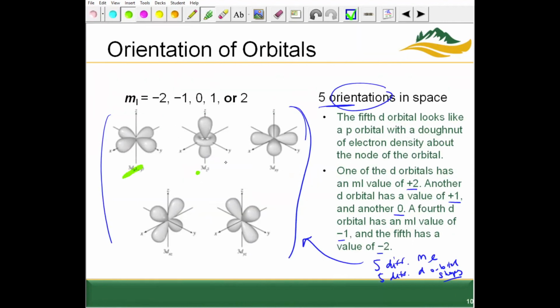Remember, there are 5 here, 1, 2, 3, 4, 5 different orientations for our d orbitals. So for our d orbitals, 5 different ones, 5 different boxes then, where each box can hold up to 2 electrons because each box or each line represents 1 orbital.